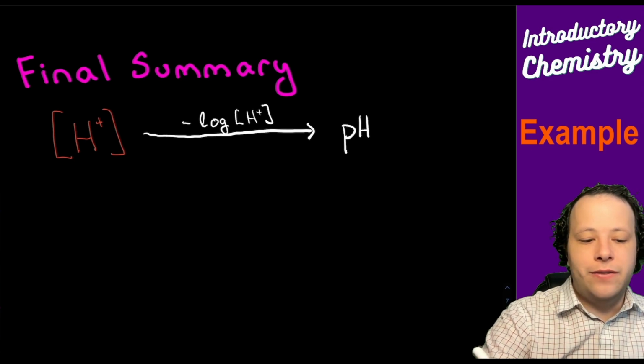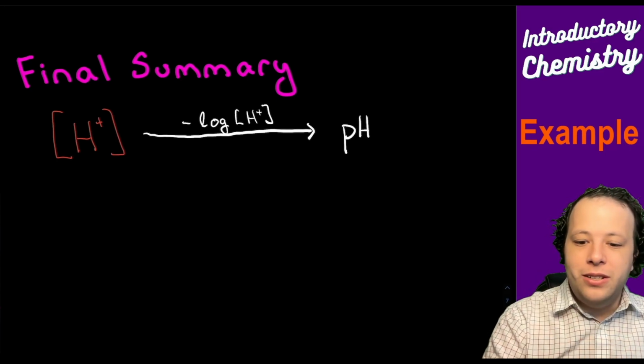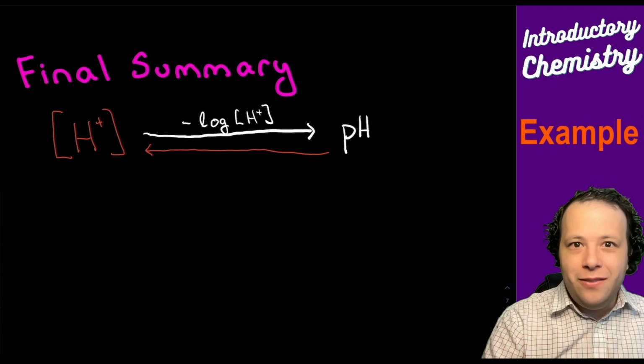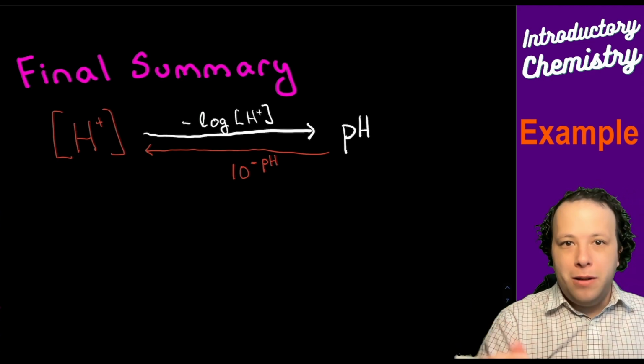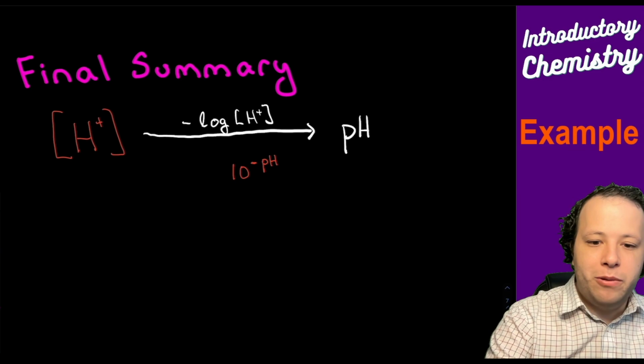If you want to go backwards, we can do that as well, where we take the inverse of a log, so that would be 10 to the minus pH to go back. And let's make that a little bit bolder before we do that. So we can always go back here.